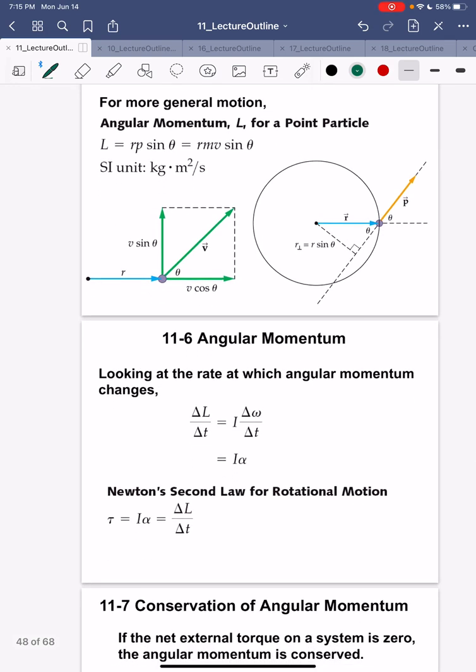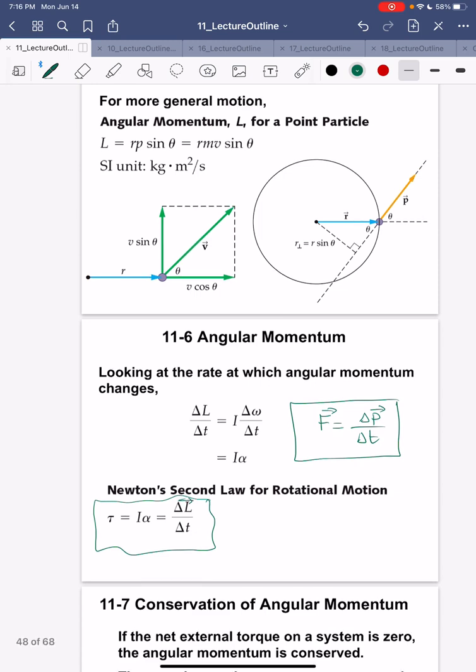Remember we said before, force is related to the change in momentum over time, or the rate of changing momentum. We can also have a Newton's second law for rotational motion. Tau is I times alpha, and it is the change of angular momentum per unit time.